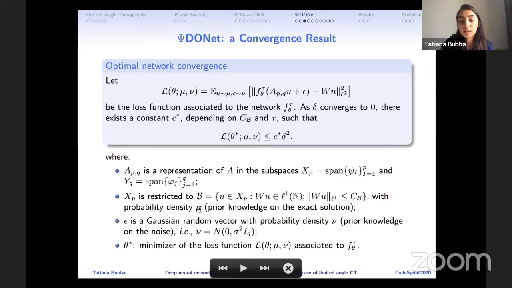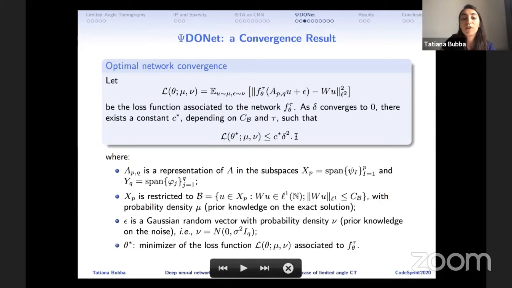And we need a probability density mu, so the result is not restricted to the peculiar mu we choose, but we need it to do the sampling. We assume that eta epsilon is a Gaussian random vector with probability density nu. So this is how it is distributed. And then theta star is just a minimizer of the loss function associated to the network f theta tau.